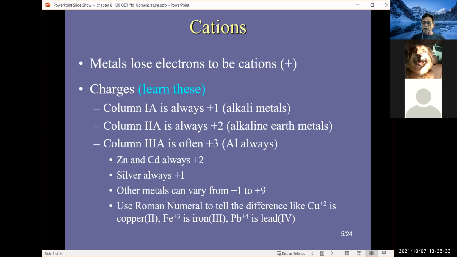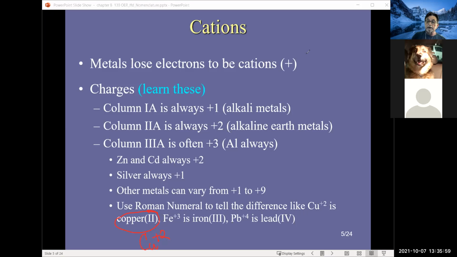I already talked about copper 2 having Roman numeral 2. This is the important part that you have to remember: that Roman numeral after the name has nothing to do with the group it's in. The Roman numeral tells you that you are working with the ion copper 2+.